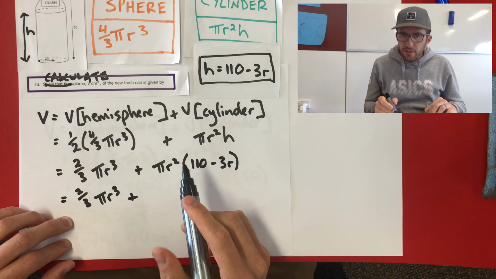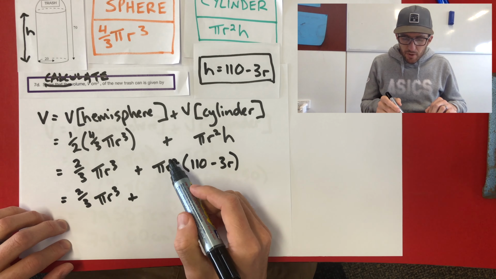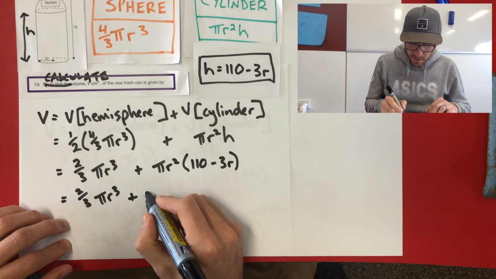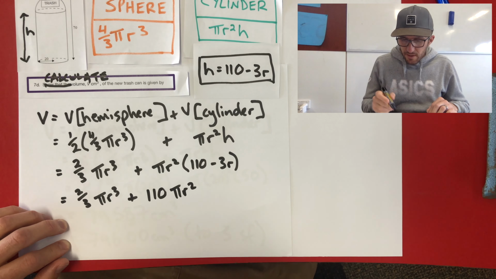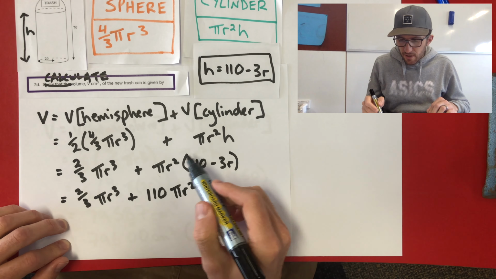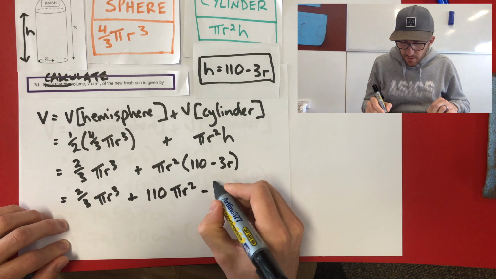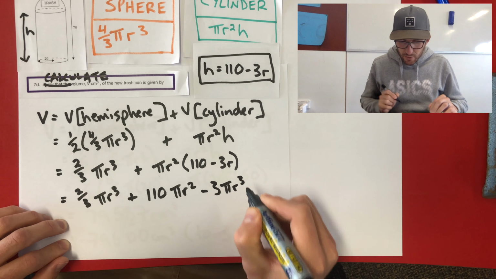Over here we just need to expand this bracket. Pi r squared times 110 gives plus 110 pi r squared, and pi r squared times negative 3r gives minus 3 pi r cubed.